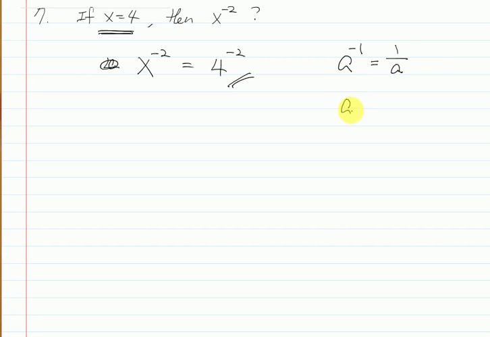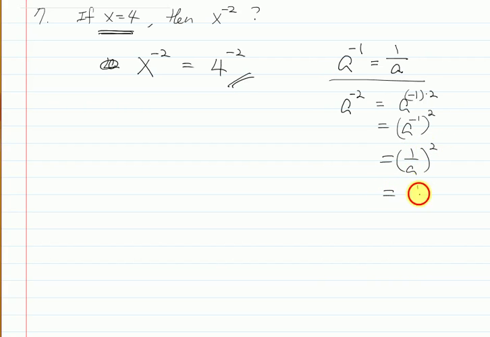Then if you have negative 2, do you remember the formula? Negative 2 is same as what? Negative 1 times 2. So you have multiplication at the power, which means negative 1 to the 2, right? And we already have that formula, so it changed to 1 over a squared. Then it's same as 1 squared over a squared, right?